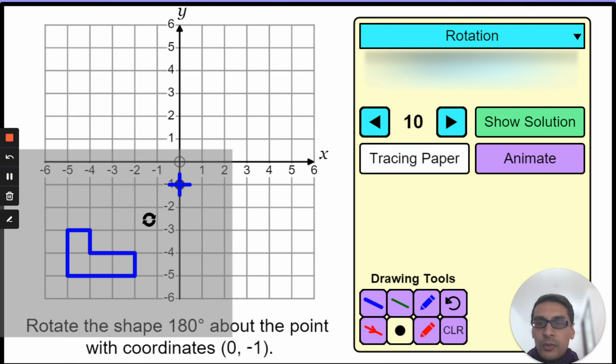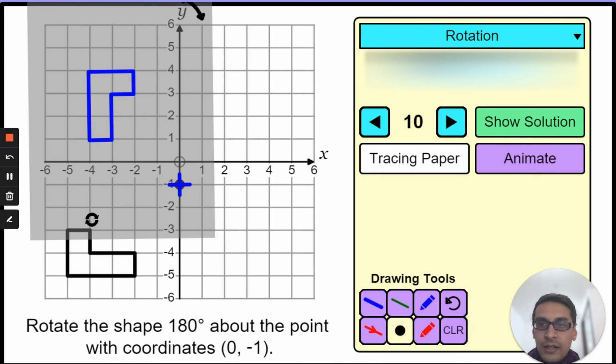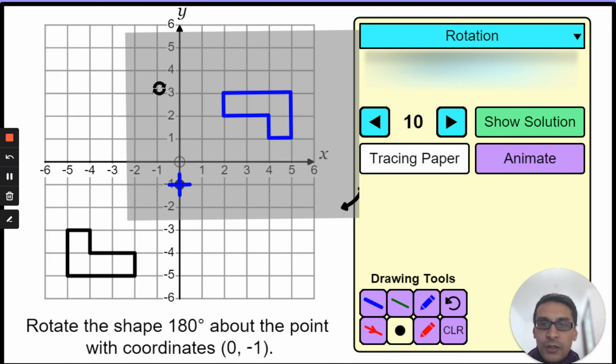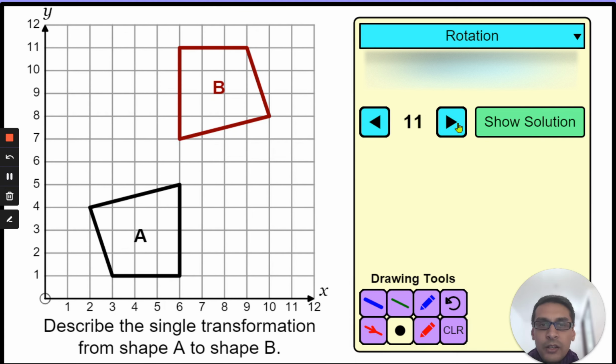You put your tracing paper on top and then you're going to rotate it 180 degrees. It doesn't matter which way, so let's go clockwise. So you can see this is going to be 90, and then we keep going until it lines up and you've got 180. And there's your solution.